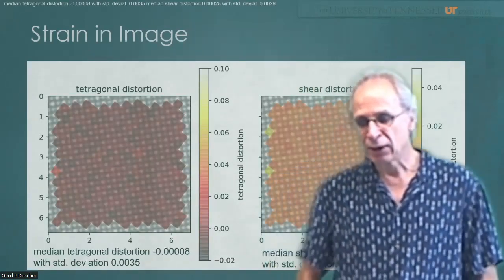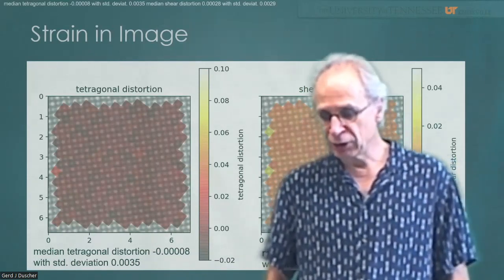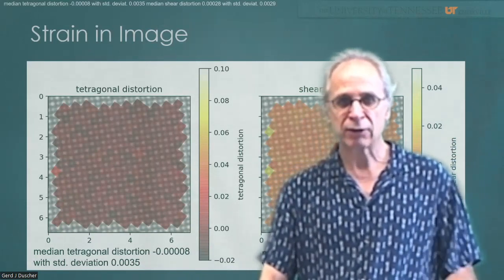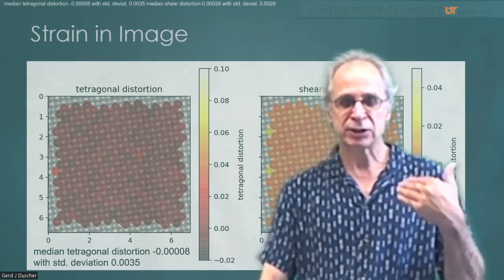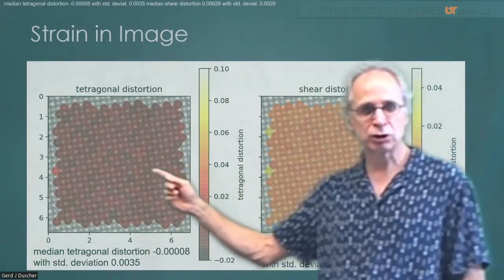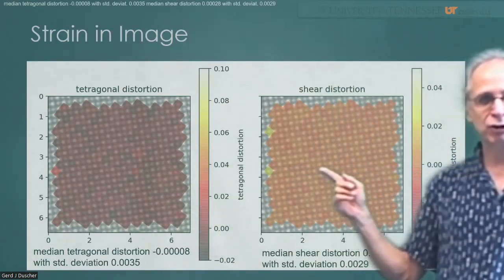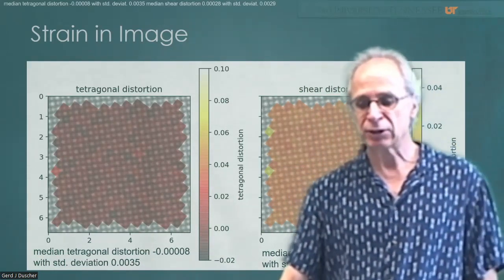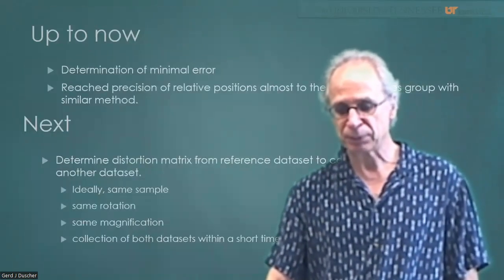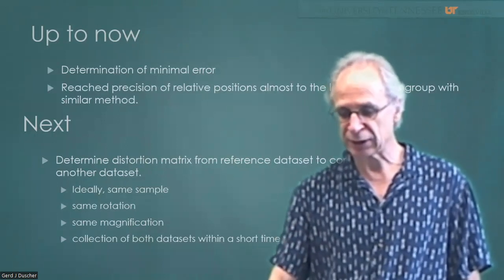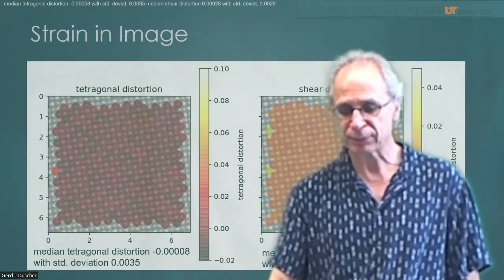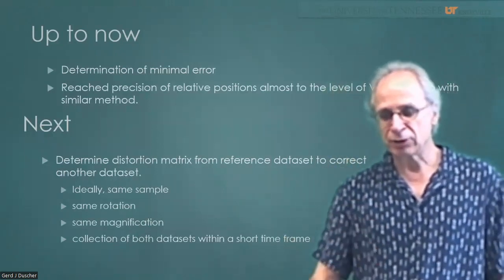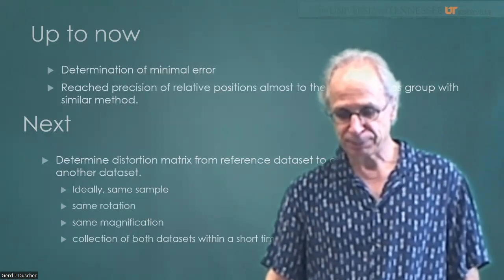So the shear distortion is now much larger, and the tetragonal distortion is very low, and the shear distortion is a little bit larger than before, so that is in a different one. So that is still the original one. So now we go and do this on a different data set.